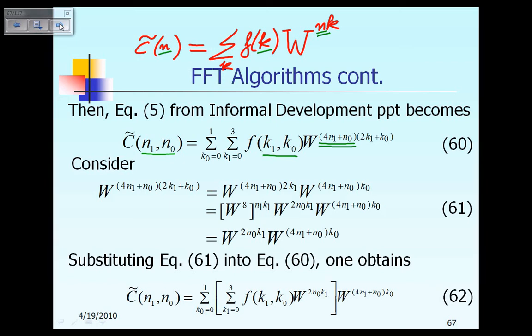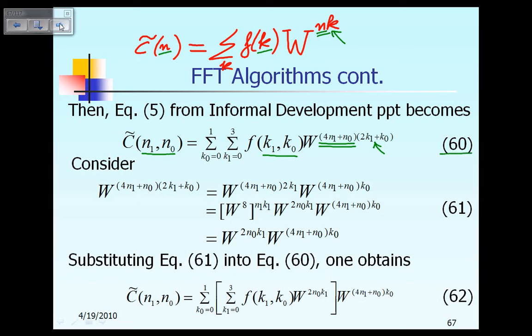And we also replace the small index k by the formula small k is equal to 2k1 plus k0, as I showed you on the previous slide. Then what we have is equation 60.